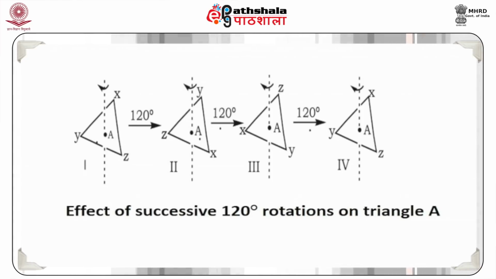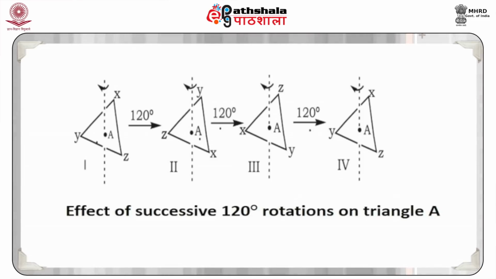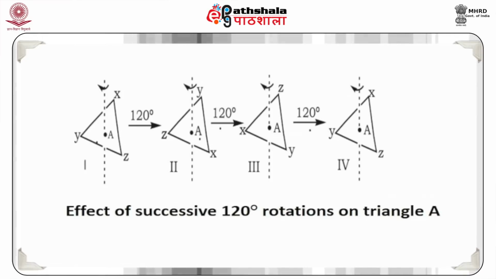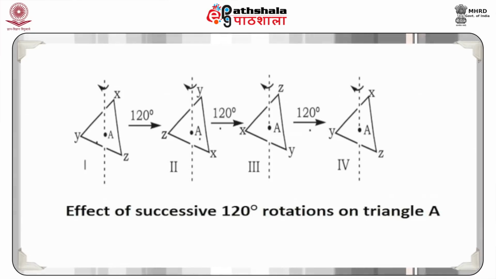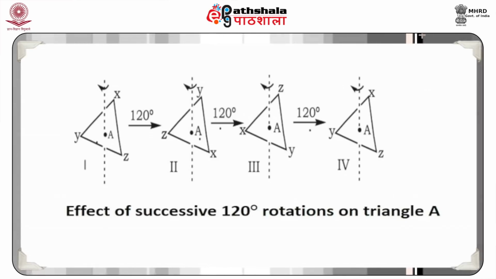Now, after the first 120 degrees, you will find y moves to x, x moves to z, and z moves to y. That is, all the corners are interchanged, and still the figure looks equivalent if the corners are not labeled. Let us go further with another 120-degree rotation.